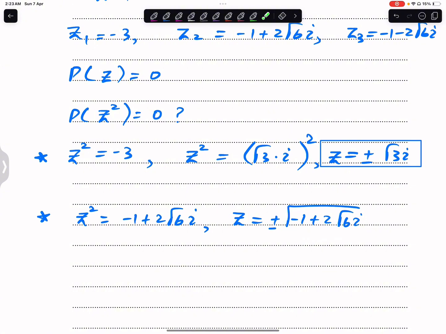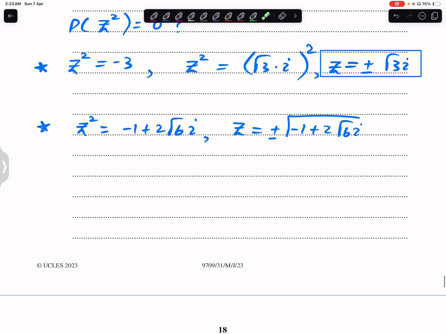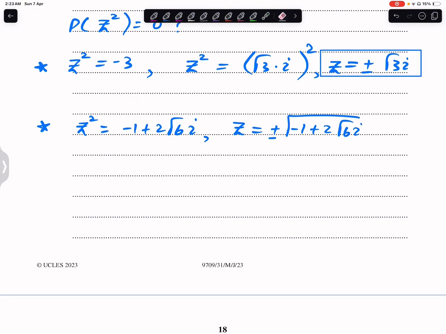This has now become another question. So let's find the square root of this complex number, minus 1 plus 2√6 i, equal to x plus iy.